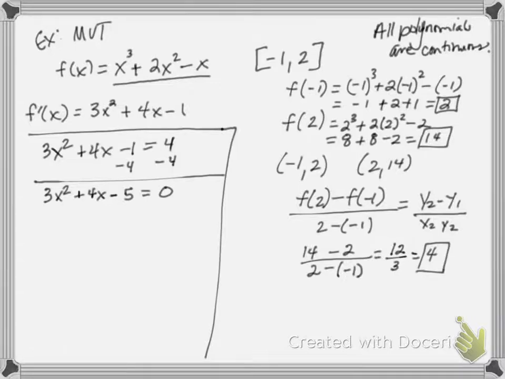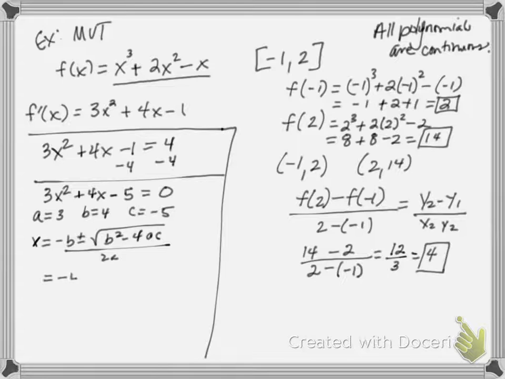So I have 3x squared plus 4x minus 5. So I'm going to use the quadratic formula, which would be easier than factoring. So I have a equal to 3, b equal to 4, and c equal to -5. So I have x equals -b plus or minus the square root of b squared minus 4ac, all over 2a.